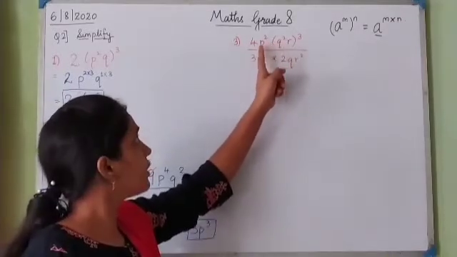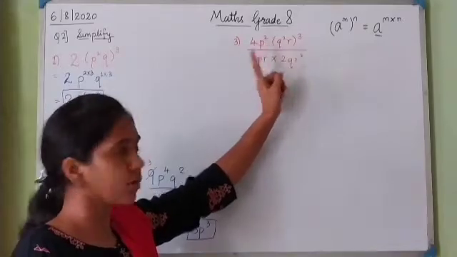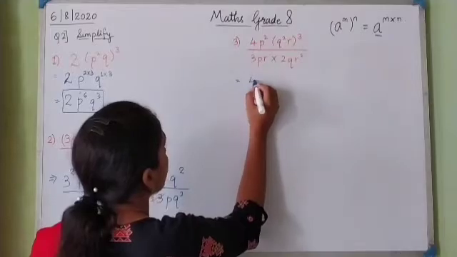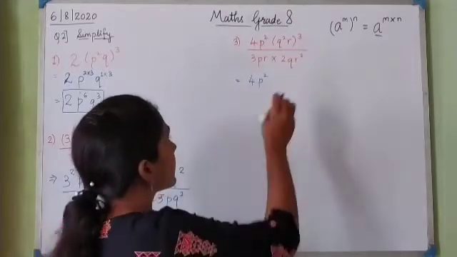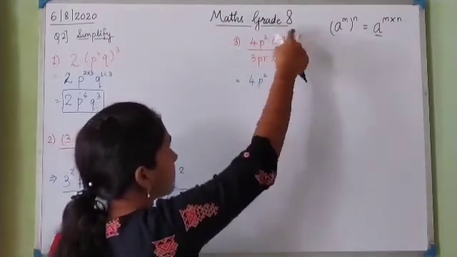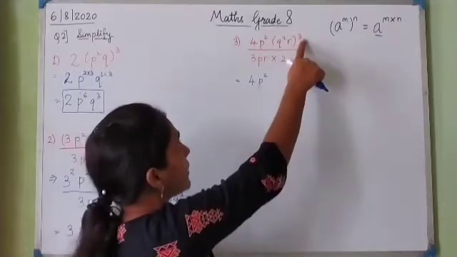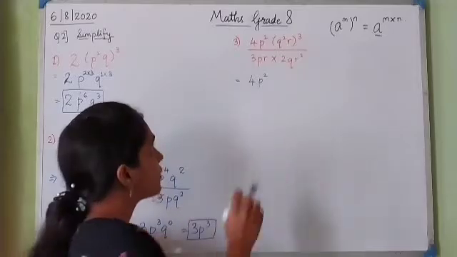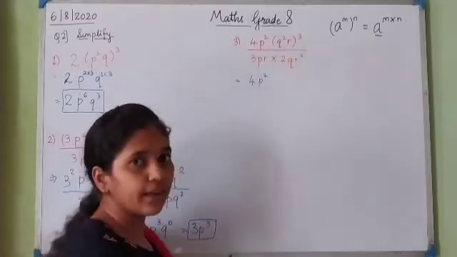This 2 is only for p, not for 4. Okay. So we write this as 4p square will remain as it is. Now we have to solve this bracket. So we have to multiply this 3 by the powers of each variable which is there inside.